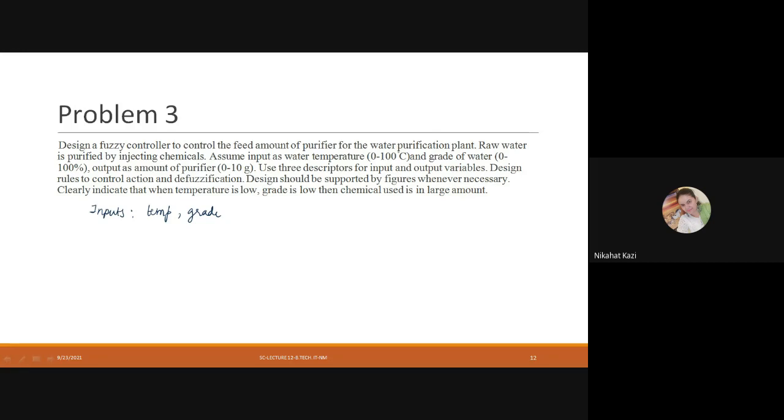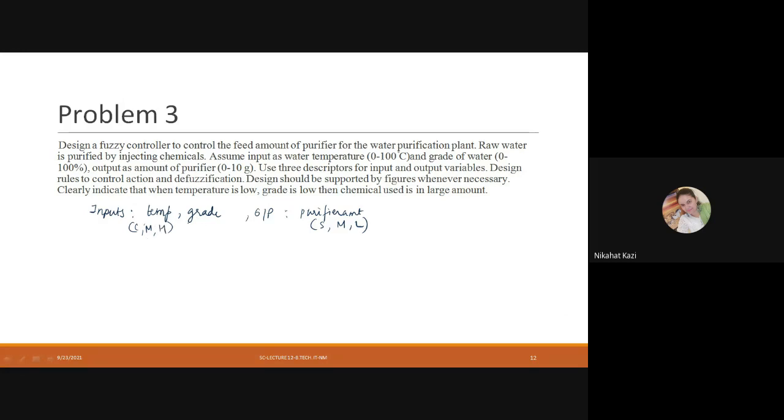So depending on this, the output also I'll write it here. Output is nothing but, what is the output? The amount, right? So of purifier. So that could be small, temperature will be cold, medium temperature, hot temperature.